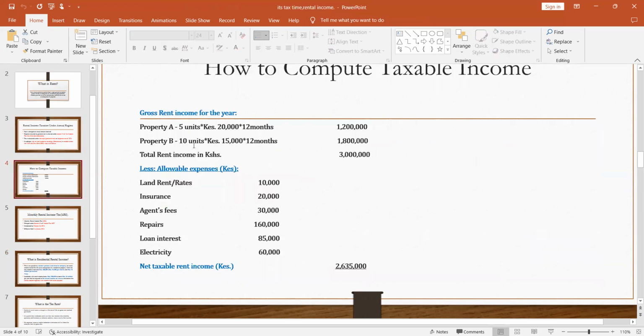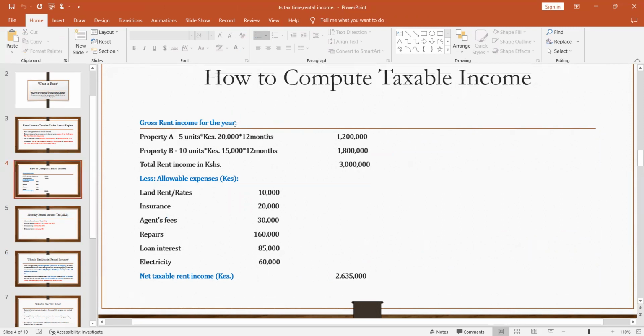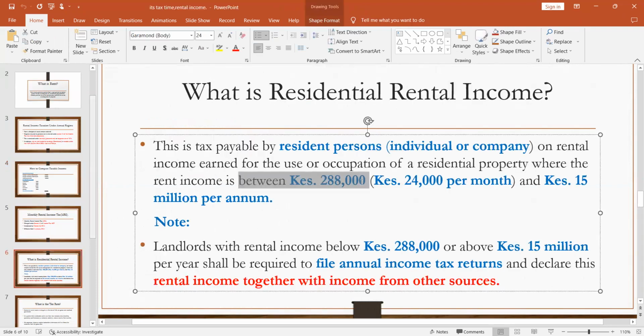So only people who earn between this and this are supposed to apply for the monthly rental income. Note, landlords with rental income below 288,000 or above 15 million per year shall be required to file an annual income tax return.